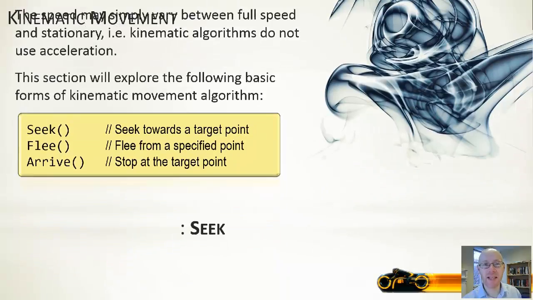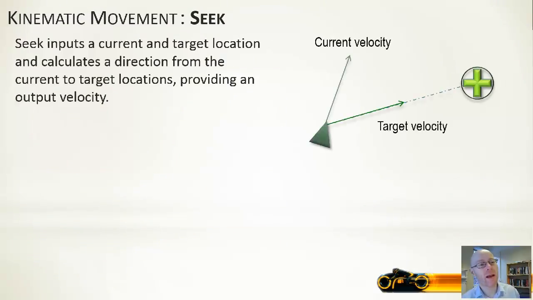Let's have a look at seek first of all. So seek inputs a current and target location, that is it. It needs to know whereabouts you're at, where you want to go to. And it's going to calculate the direction from the current position to your target position. So that's the direction in which we want to travel.